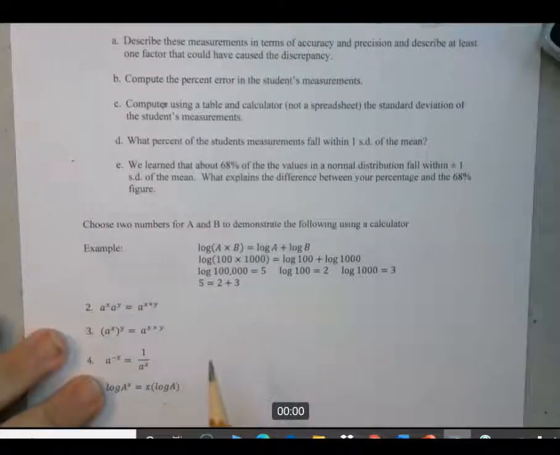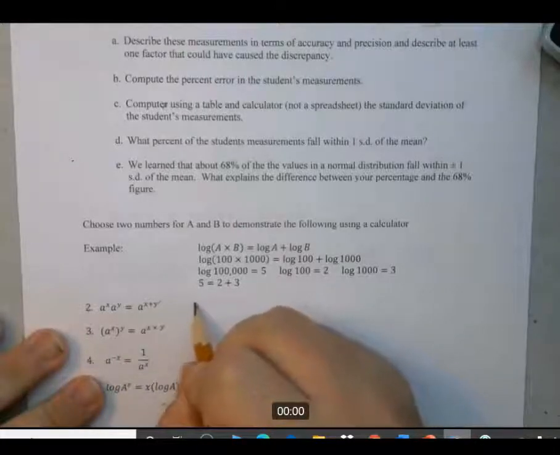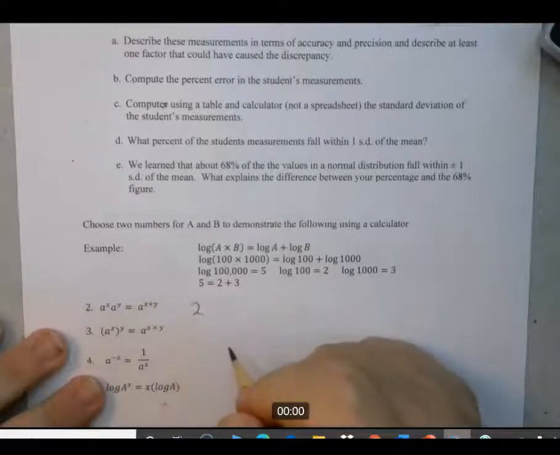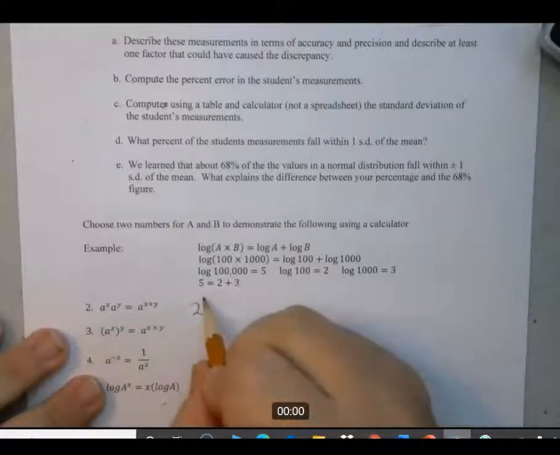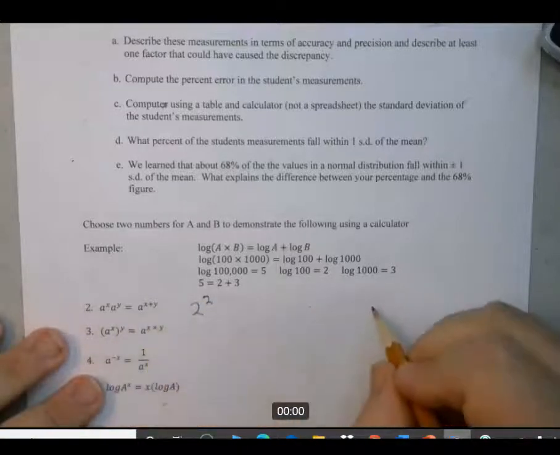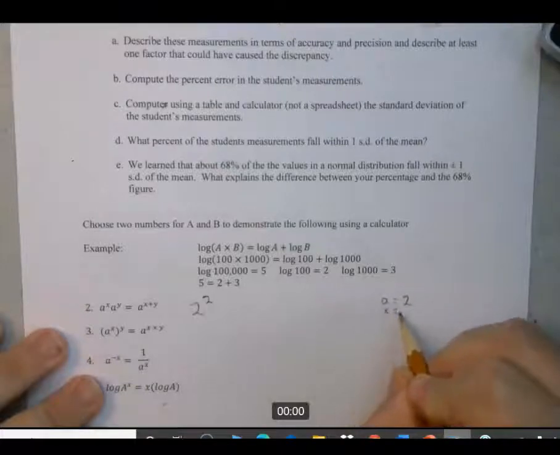All I'm asking you to do is pick a number. So I'm going to say 2, and let's say x is 2. So a equals 2, x equals 2.